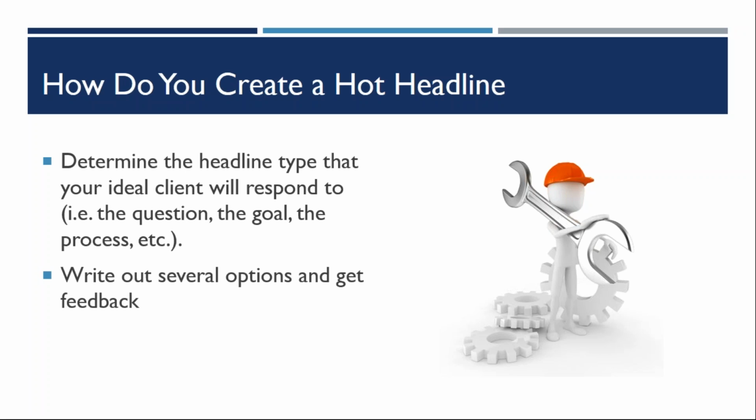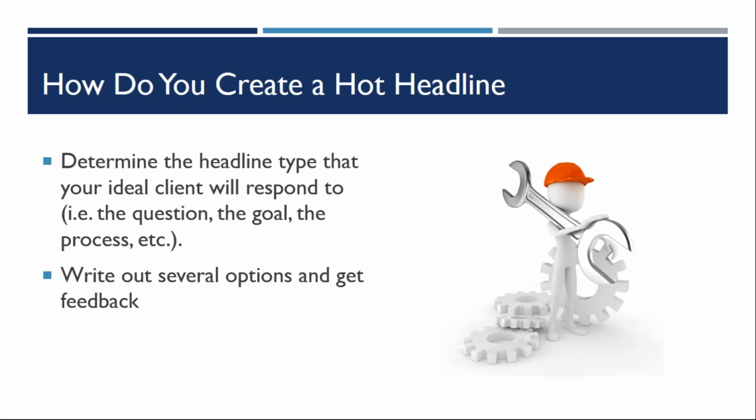Then you're going to want to write out several options and get feedback. Now this is where, for me personally, I'm going to share with you how I do it. The way I create my hot headlines is that I start out with just a blank sheet of paper, and I will start listing every single idea that comes to my mind.